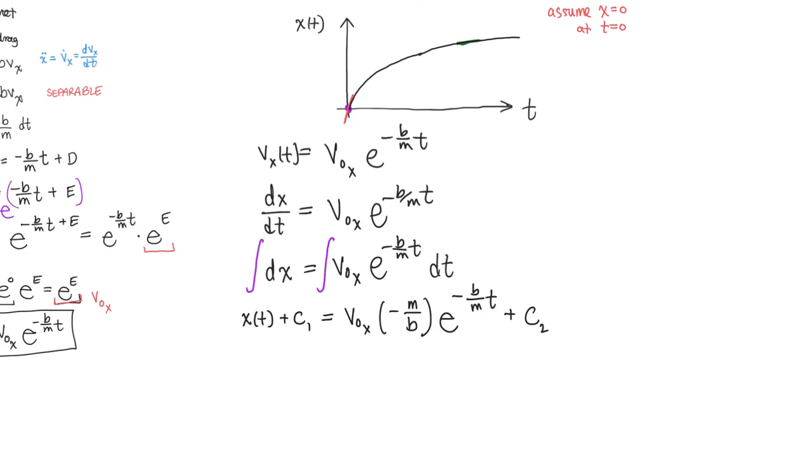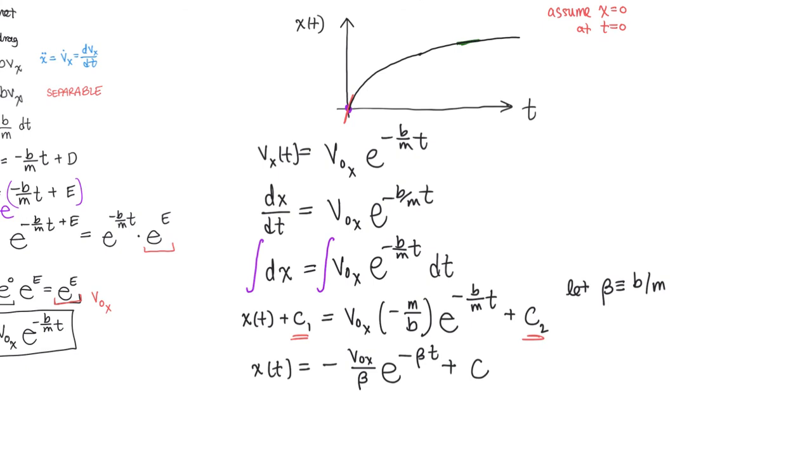Okay. Now let's simplify our lives here and define beta to be b over m, and also let's merge these two constants into one. So when we do that, we'll have x of t is equal to minus v naught x over beta e to the minus beta t plus some constant.